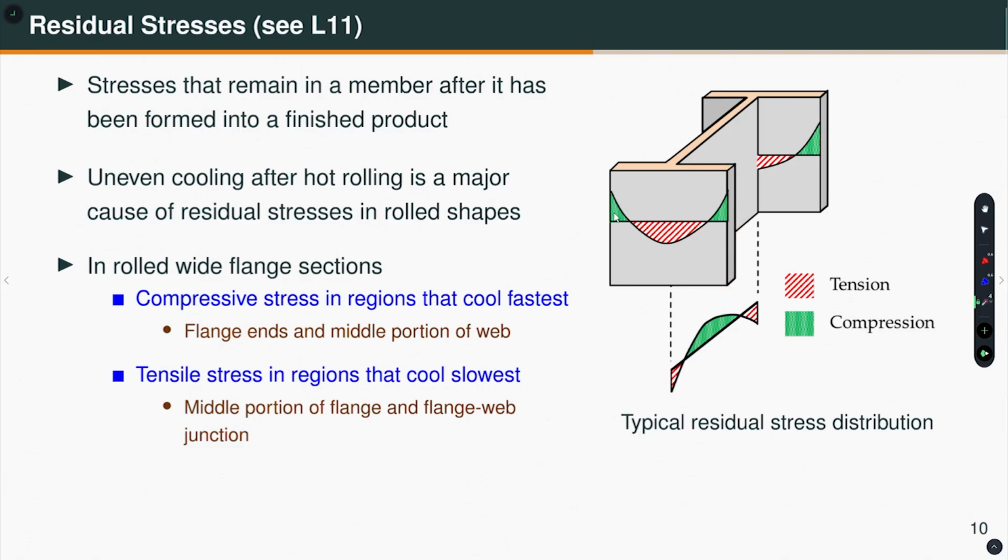So, they will have compressive stresses indicated by green, and this is a kind of residual stress distribution that people often use. On the other hand, for the web, the middle part of the web will cool fastest, so that will have compressive residual stress, and the other places will have tensile residual stresses. So, how does this affect your moment curvature response?